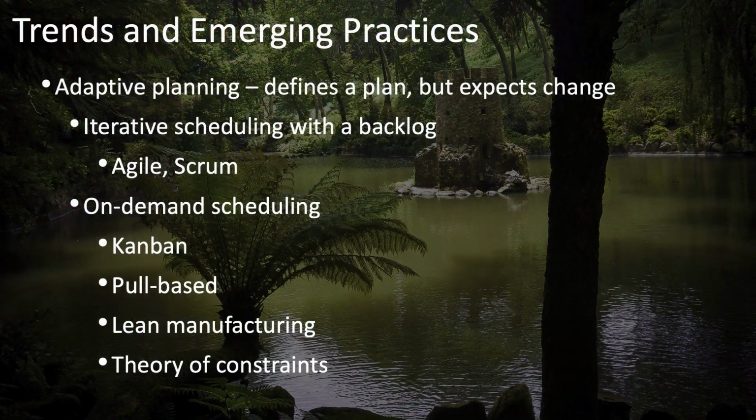Some of the trends and emerging practices in schedule management include adaptive planning, in which you start with a plan. You don't start with no plan, but you do expect and embrace change along the way. This is often implemented by using iterative scheduling with a backlog, such as with Agile approaches such as Scrum.